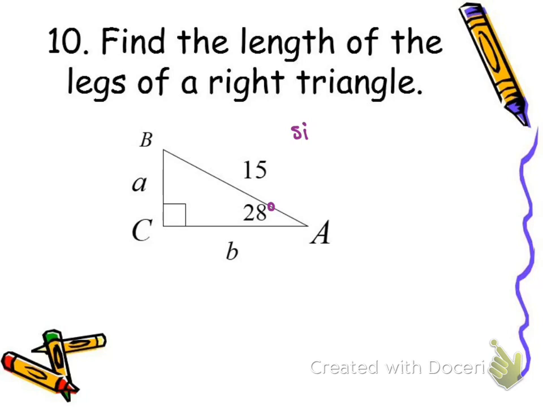Sine? Okay, so if we set it up, the sine of which angle do we know? A, what's its measure? Okay, sine of 28 equals, sine involves what two sides? Opposite over hypotenuse. What's the opposite side? A. And the hypotenuse is 15.